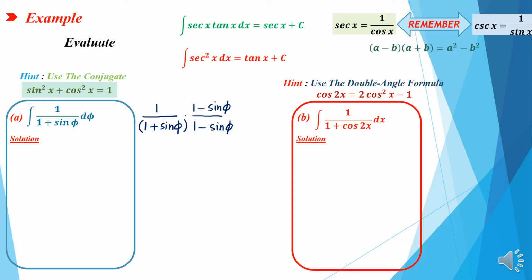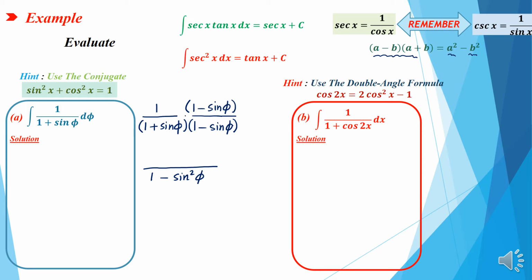Now you have to multiply the functions in denominator. So 1 plus sine of phi times 1 minus sine of phi is the difference between two squares, and the answer will be the first one squared minus the second one squared. So we have 1 squared, which is 1 minus sine squared of phi.